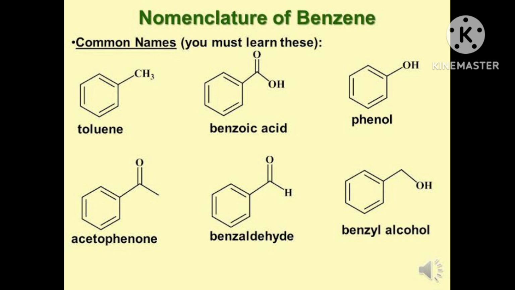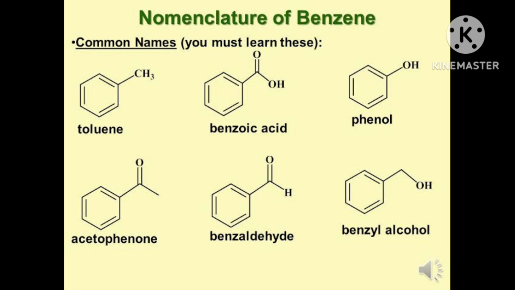And if bromine is at carbon number 1 and 3, then it will be 1,3-dibromobenzene. And if it is at carbon 1 and 4, then it will be 1,4, always with a comma.